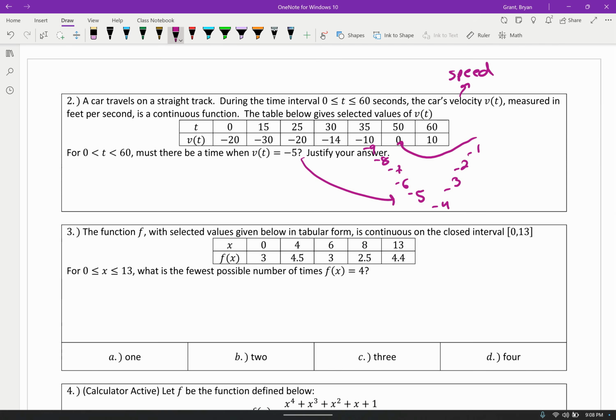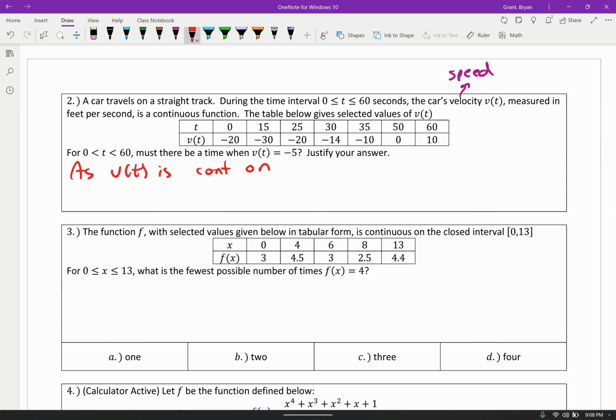All the numbers between -10 and 0 had to happen. And so since -5 is on that interval, must there be a time? Yes. But how do we justify it? Well, we write a quick sentence. As v of t is continuous on, well, they gave us an interval, so let's say 0 to 60.